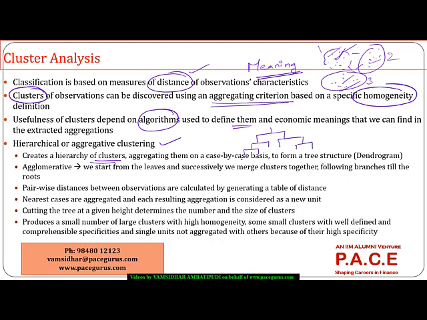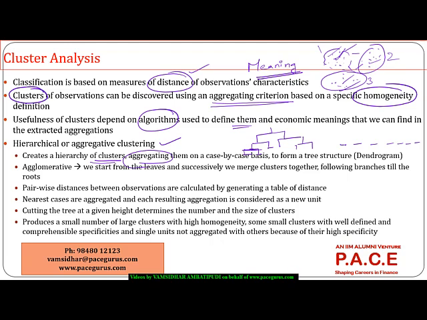There is a hierarchy of clusters that is created. Each cluster is aggregated. So this and this are aggregated to form this. Then this with this. Individually, each one is a separate cluster.